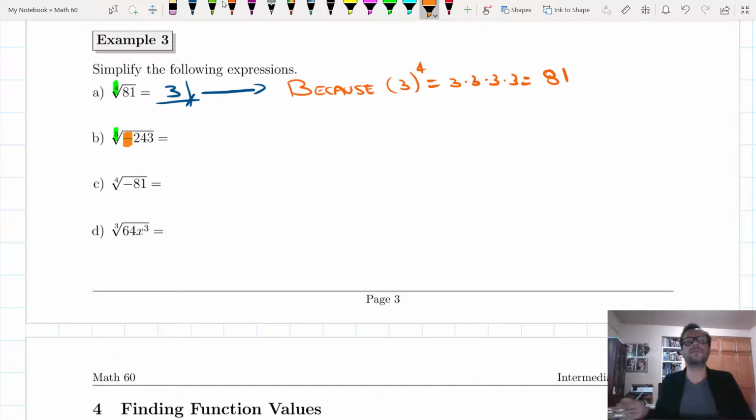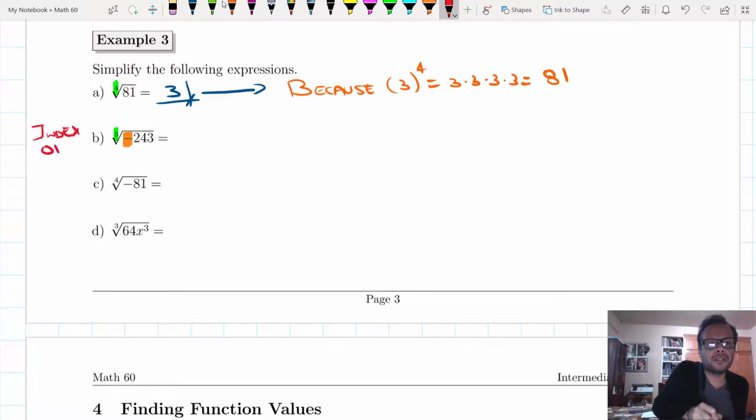I'm highlighting the sign for you so you can check it out. Now, in the case in which the index is odd, we can take the fifth root of a negative number, and the answer to that is negative.